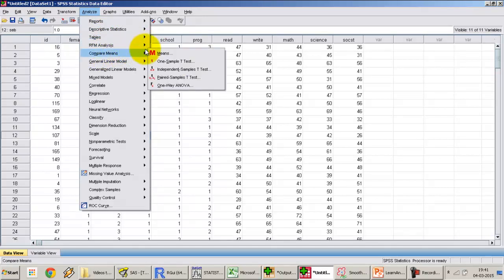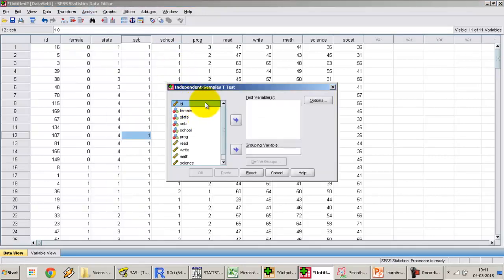After compare means, we've already done one sample t-test, and I'm going to do an independent samples t-test over here. Select independent samples. So over here it asks which variable you want to test. So I want to test math, and then it asks the grouping variable, or which variable is creating the samples. So in this case it's the female variable which is creating samples.